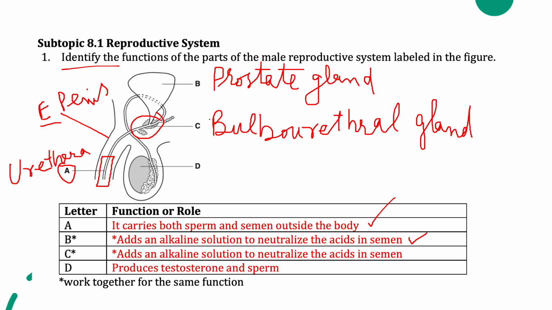The bulbourethral gland also adds an alkaline solution. You can see the asterisk over here. Read this asterisk. It says that they work together for the same function. Then we have D, and D is very clear. It is the testes, and the role of the testes is to produce testosterone and the sperm. So remember this one.